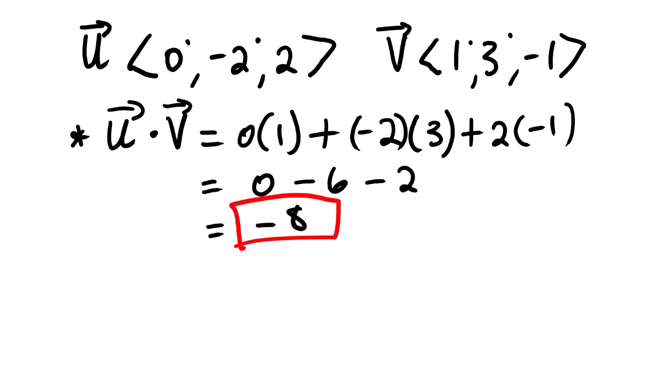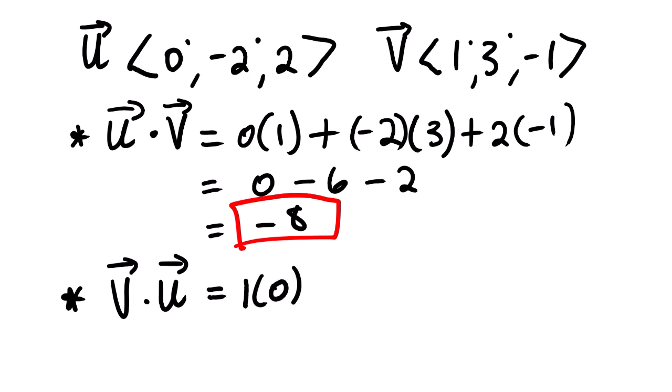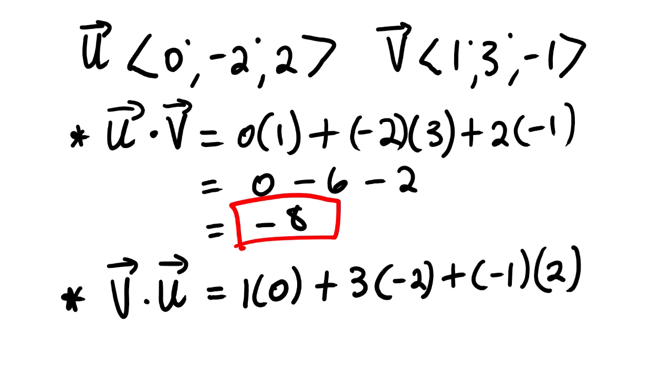The second question, what if we look at the vector v multiplied by the vector u? So we're going to have 1 multiplied by 0 plus 3 multiplied by negative 2 plus negative 1 multiplied by 2.